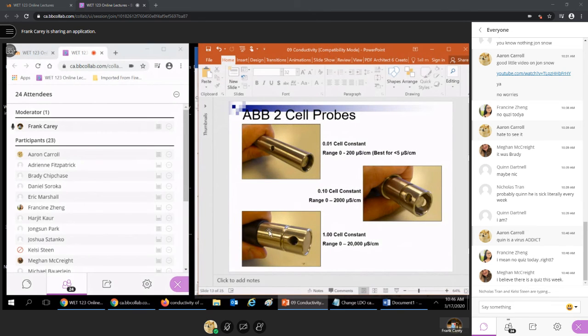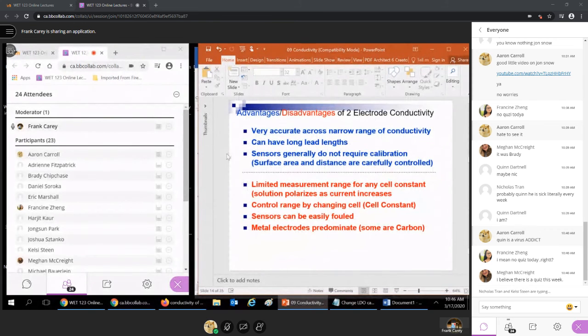They're good for low-end measurements, and very accurate where they're testing. You can add longer lead lengths if necessary. Generally, they don't need as much calibration. So no oldies. Read this. Be able to find them, in case I ask on a quiz coming up.